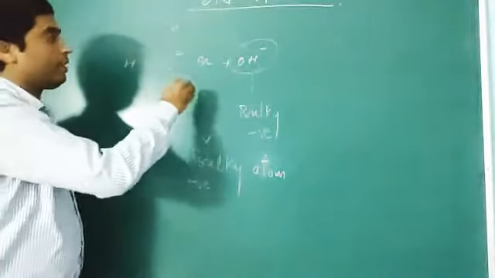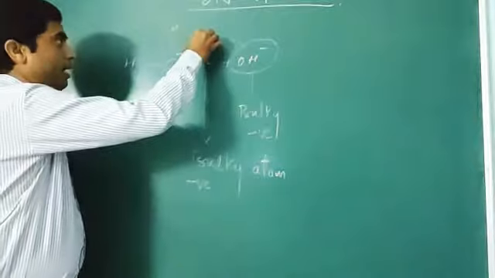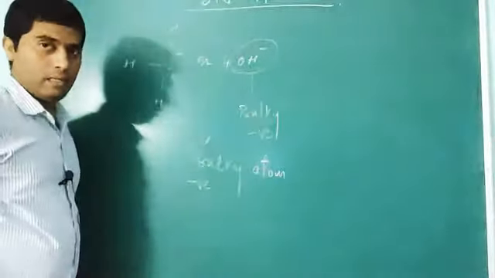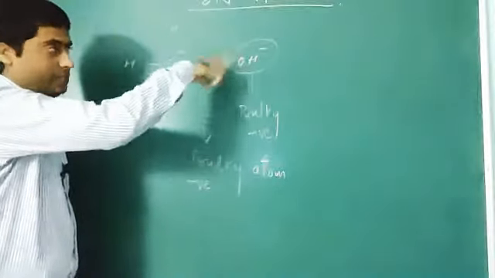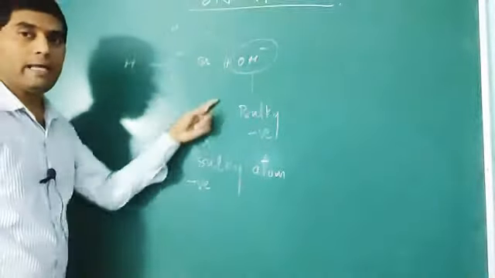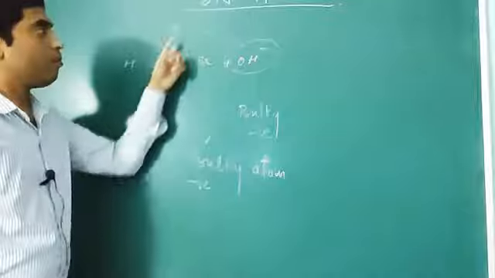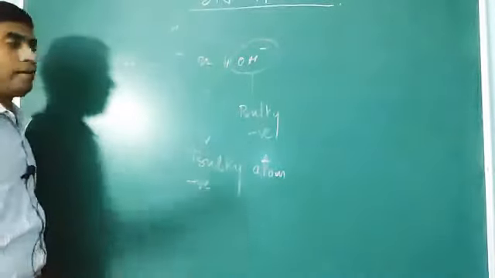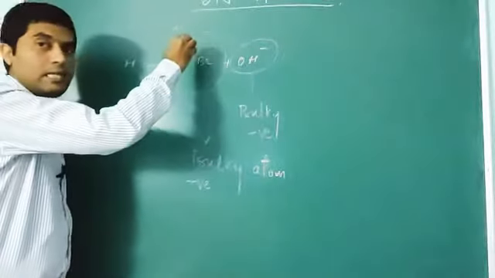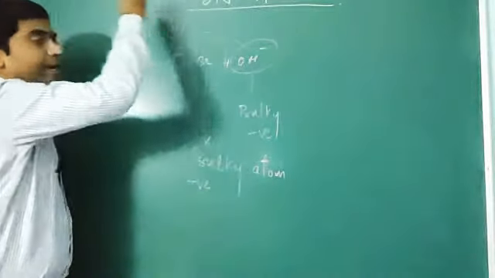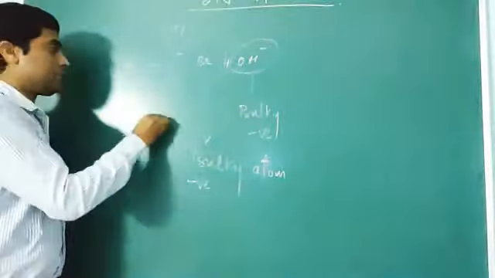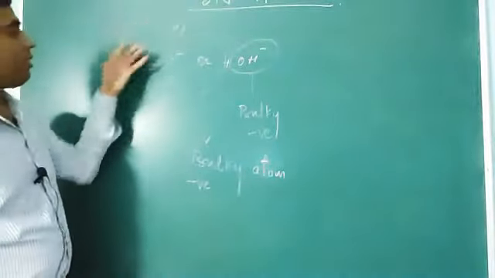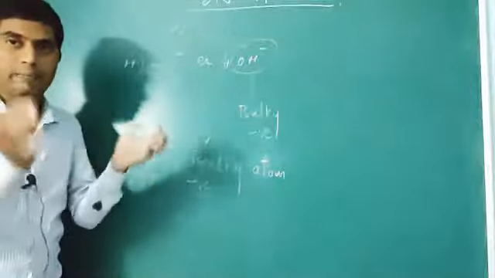Because of this, bromine, being a bulky group, occupies a large space on the front side. But hydrogen is a lightweight atom, its mass is less, so hydrogen requires less space.